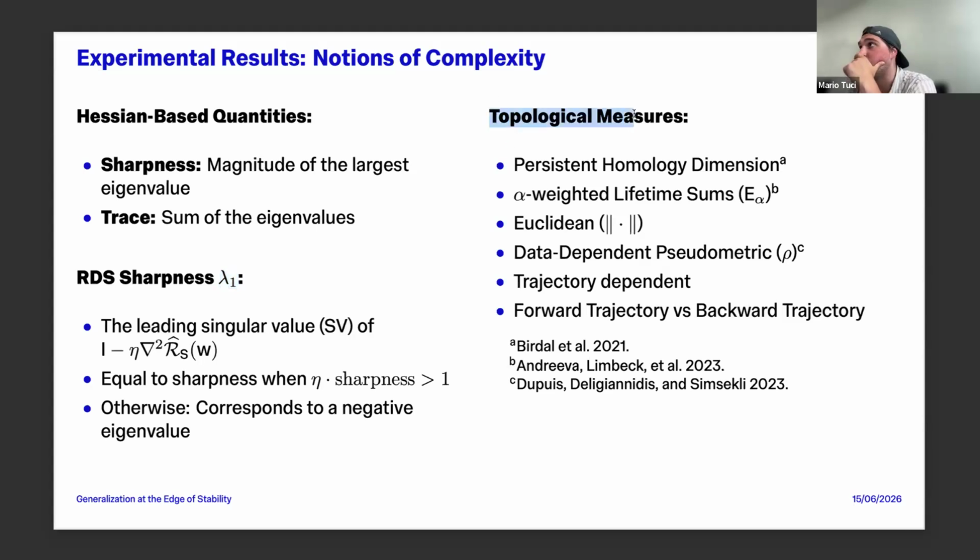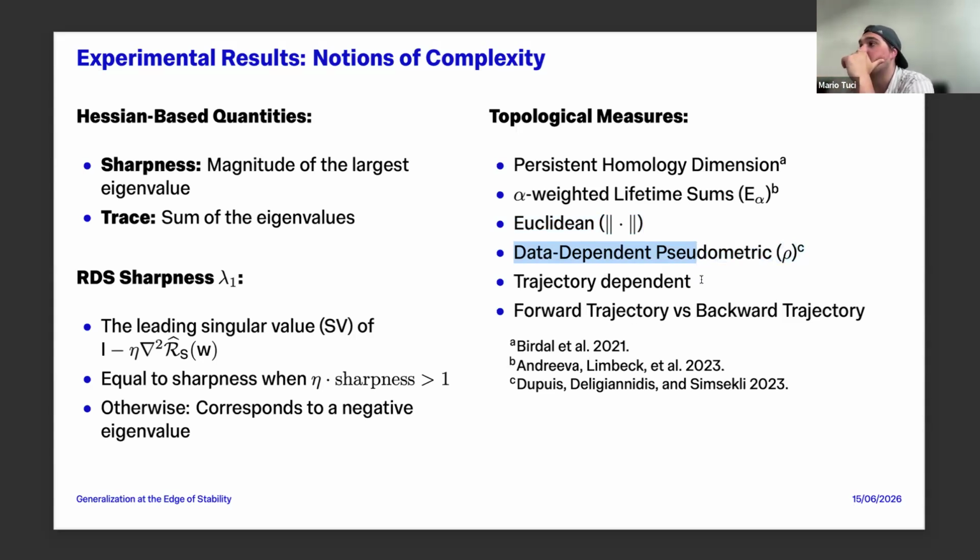And we compare it then to topological measures, which I was showing before, which showed amazing correlation for the trajectory. There's the persistent homology dimension introduced by Tolga, and the alpha-weighted lifetime sum, which is a building block of persistent homology. You can choose different metrics. The Euclidean metric was used before. Then my colleague Ben did it for data-dependent pseudometrics, which is basically a metric based on the loss.